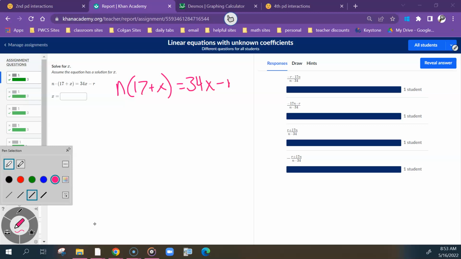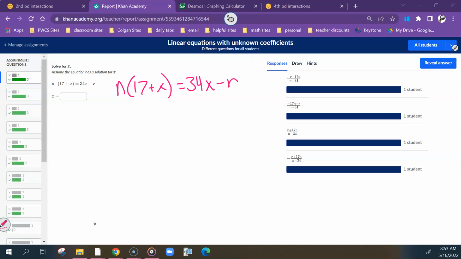If you haven't done this already, you should probably be paying attention. For this, if we're trying to solve this for x, we need to first distribute, even though that would create something next to x, it'll help us here in the long run. So 17n plus nx equals 34x minus r.